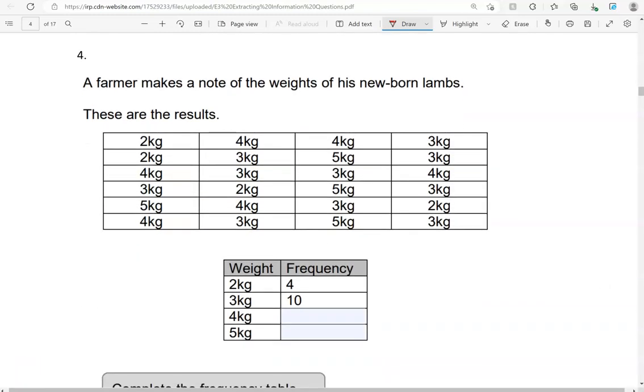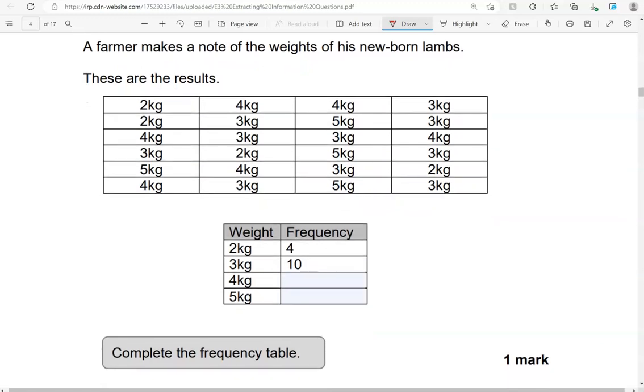A farmer makes a note of the weights of his newborn lambs. These are the results. Complete the frequency table. So 2 kilogram ones, we've got 4.